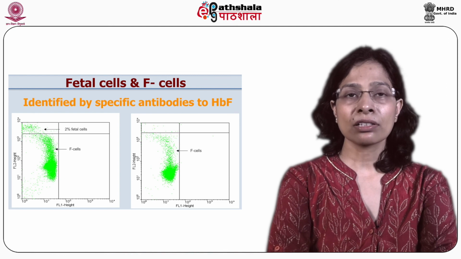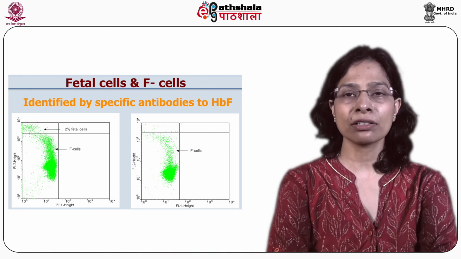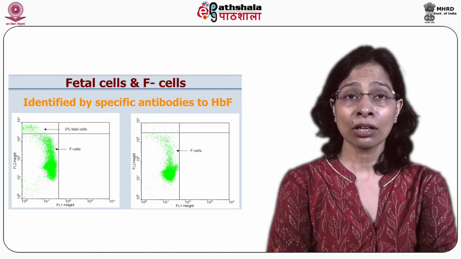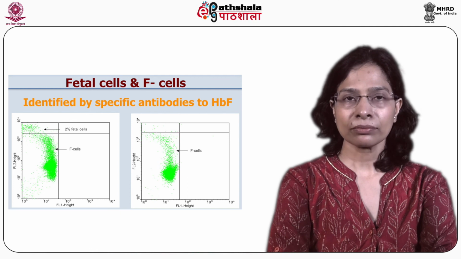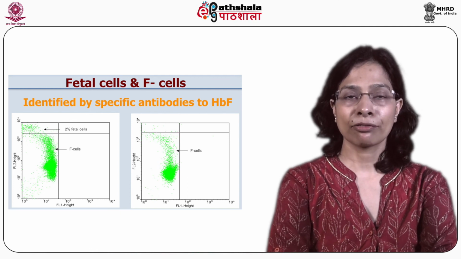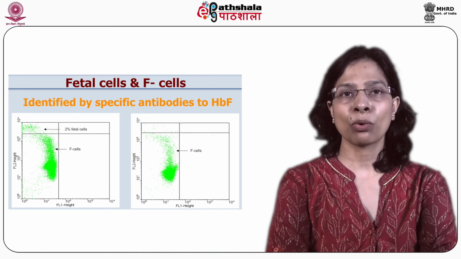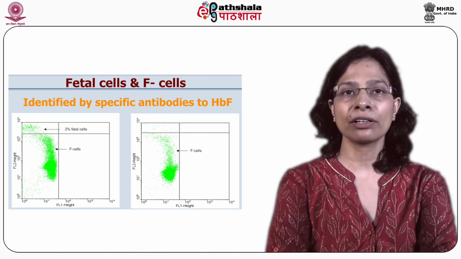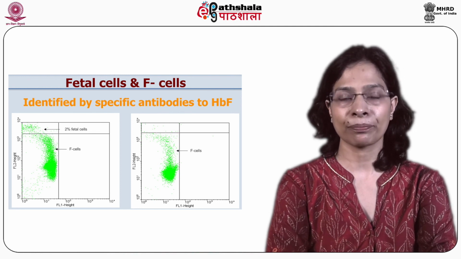In such conditions, it is important to identify and quantitate the number of fetal cells in the maternal circulation so that appropriate treatment can be instituted. Therefore, this flow cytometric tool allows us not only to identify but to quantitate the amount of fetal red blood cells in the maternal circulation and dose them accordingly.